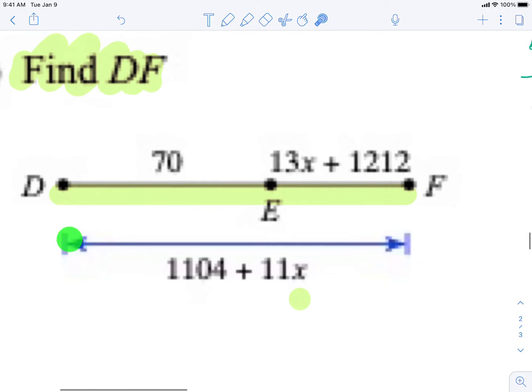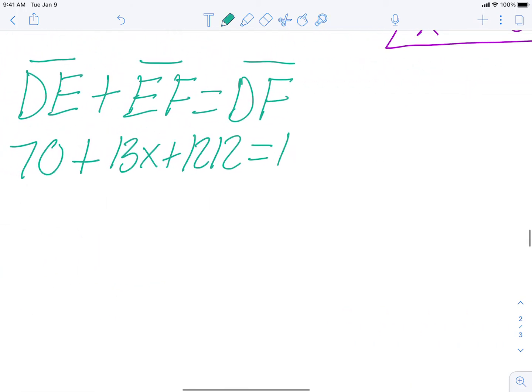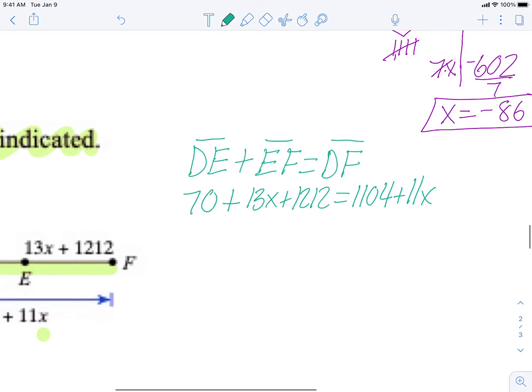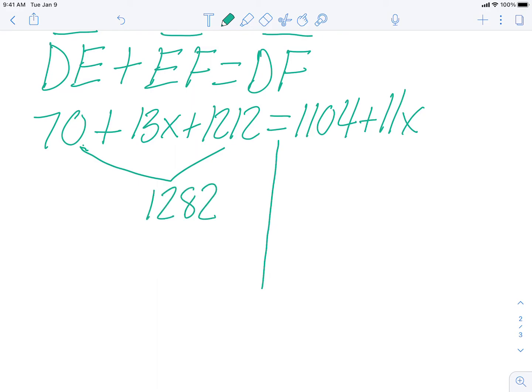From D to F is 1104 plus 11x. Right? Yep. Okay, let's draw our line of separation. 70 is going to go with 1212, which is 1282. Right?